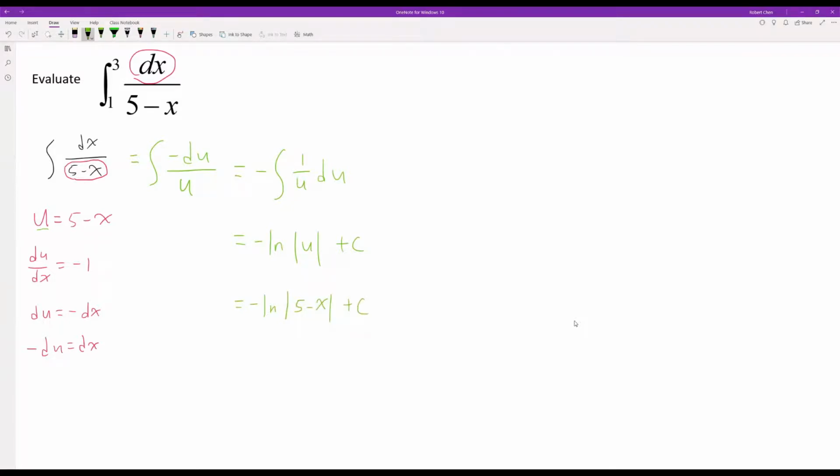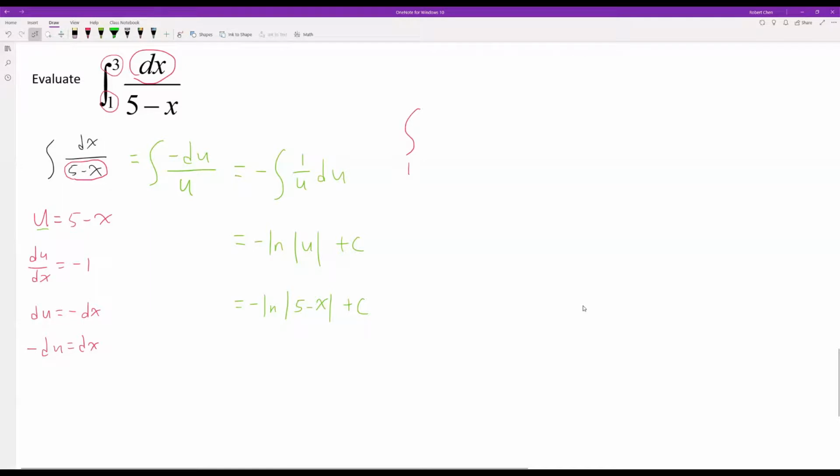Okay. Now, since this is the indefinite integral, we have the plus c here. But what we really want is to evaluate that from 1 to 3. So here we go, I'm going to rewrite everything.